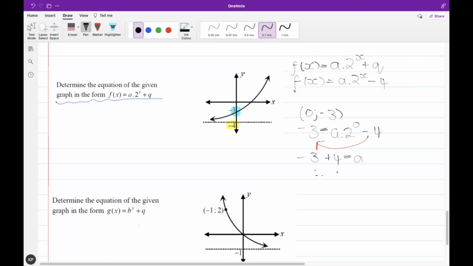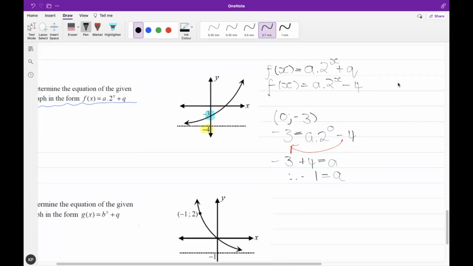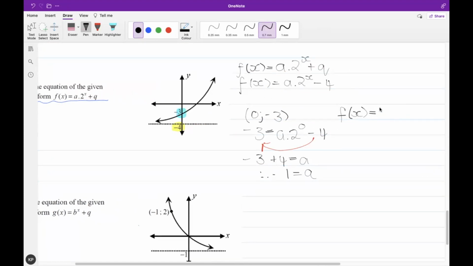Thank you. I almost wrote -1 for some reason. 1 is equal to a. Therefore, my equation is f of x is equal to 1, so just 2 to the power of x minus 4.